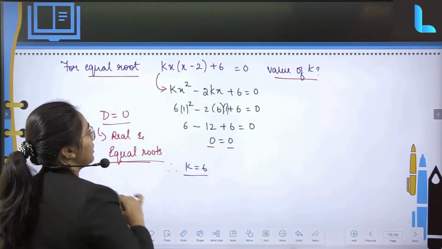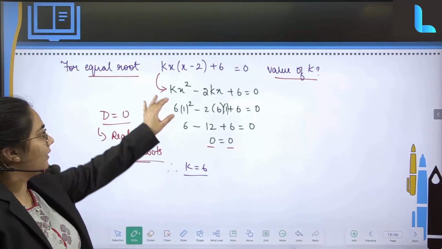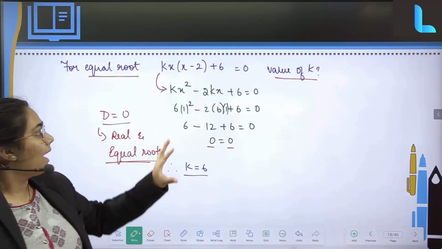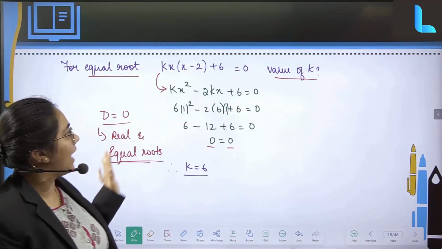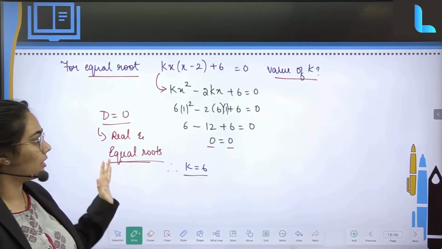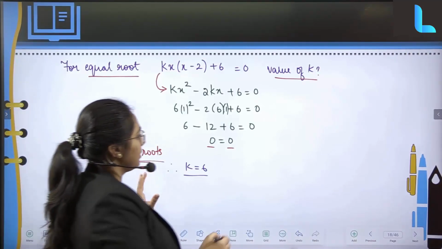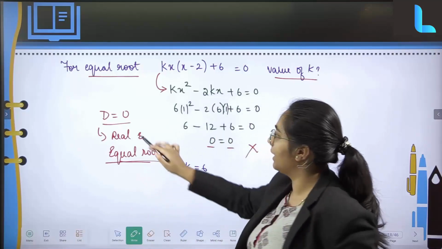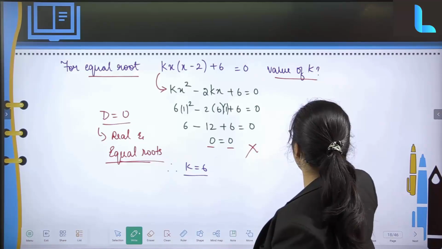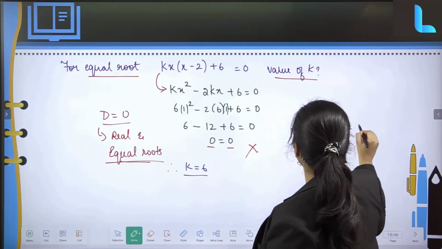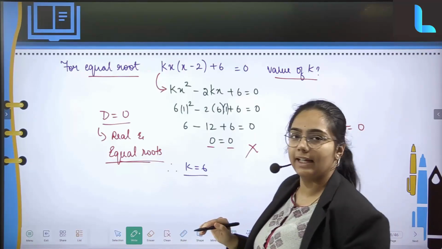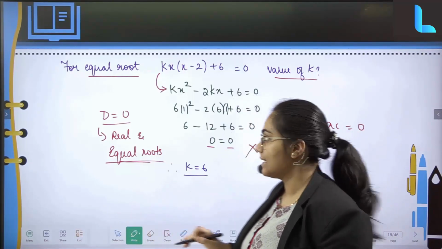So first I have checked with number 1. Wherever the value of x is there, I have put the value of 1, and for k I have put the value of 6. It is just an assumption, but if this doesn't work, you can just go ahead and solve for D is equal to 0, that is b square minus 4ac is equal to 0. When you substitute and solve for this, even then you will get the value of k as 6.